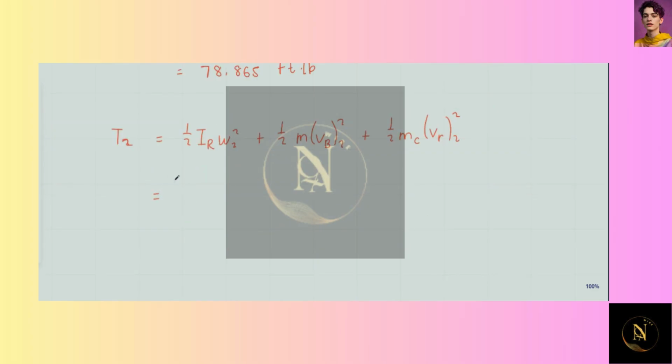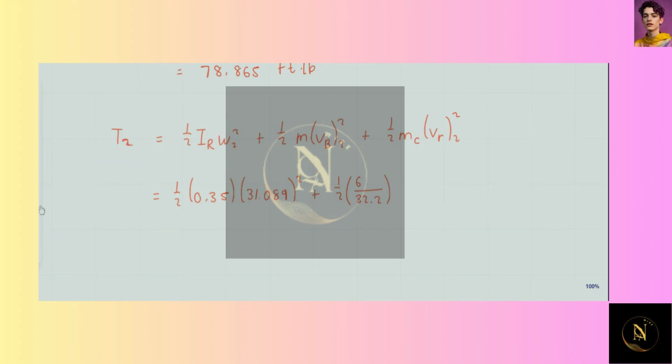And so again, we can substitute our values into this. So that's a half times 0.35, the moment of inertia for the rod, times omega 2, which we calculated to be 31.089 radians per second, and that's squared, plus a half into mass of 6 pounds over 32.2 feet per square second.